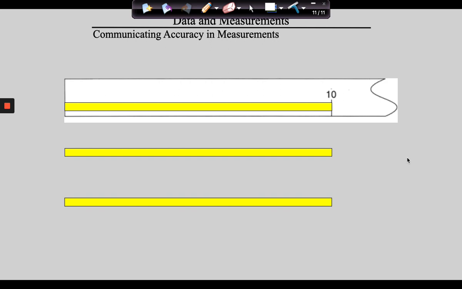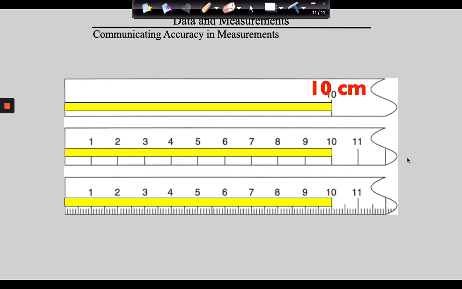If you can't do this, ask questions. Guys, the units for the scale are tens, so we estimate to ones. And this stick is not 9, and it's not 11, it's 10, so we write down the measurement as 10 centimeters.